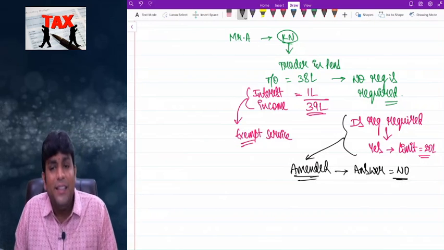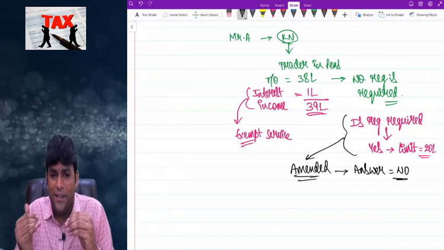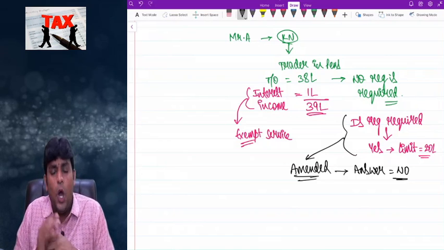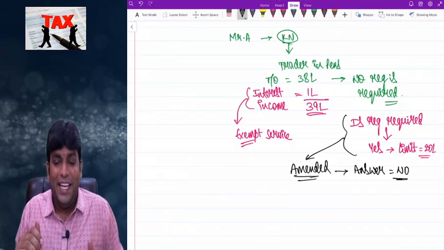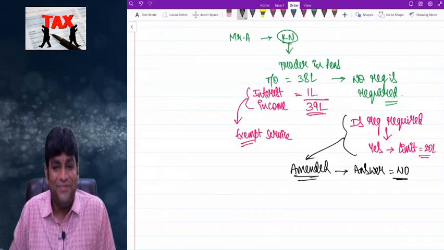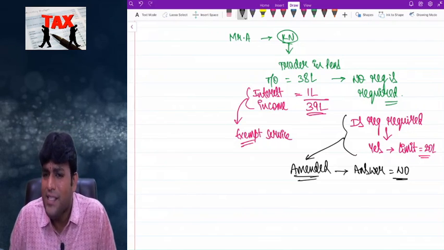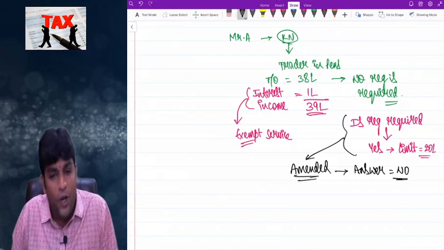After the amendment, the answer is no. Why? Because they have specified that if a person is engaged in exempt service by way of extending deposits or loans or advances where the consideration is interest or discount, still he will be eligible for the limit of 40 lakhs. That means even though that exempt service is there, we will see the limit as 40 lakhs only, not 20 lakhs.